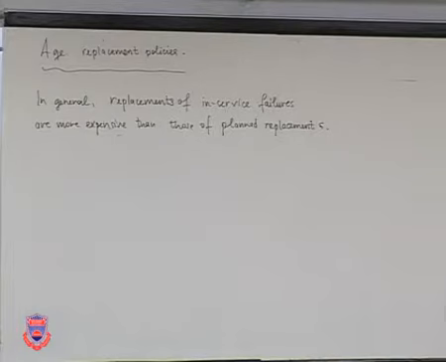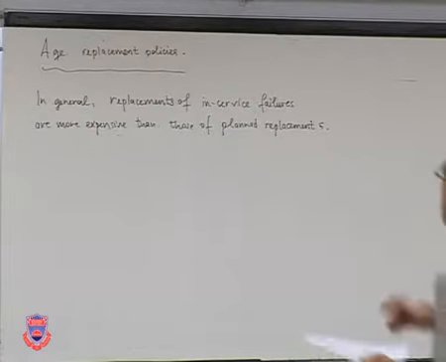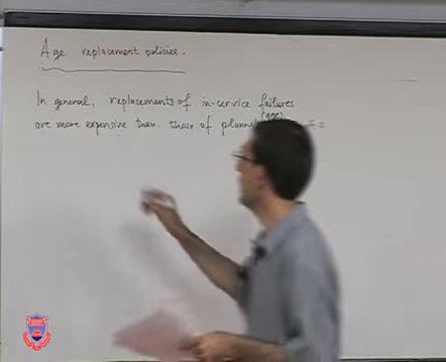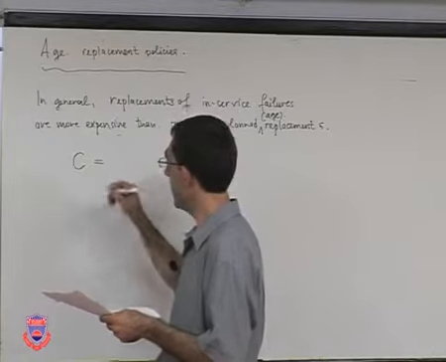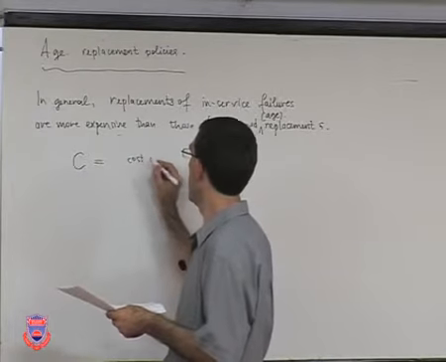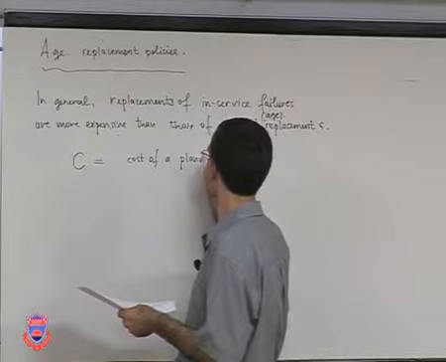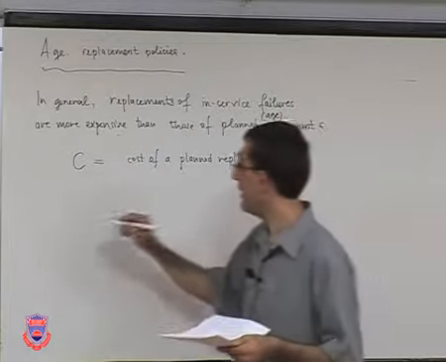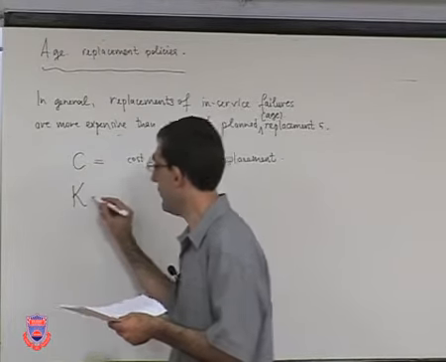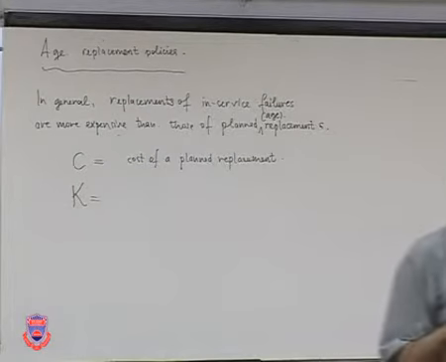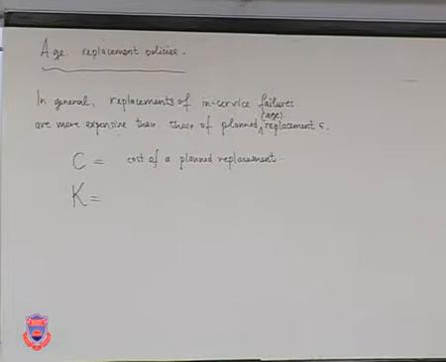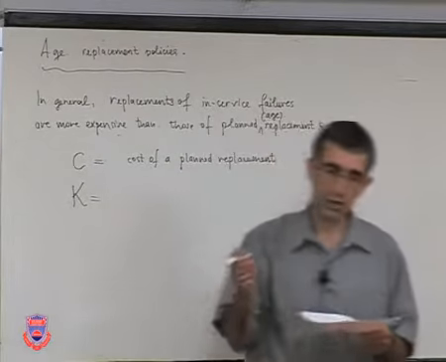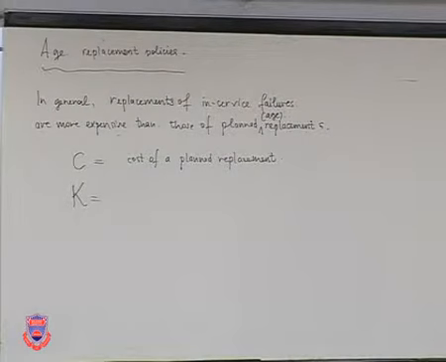All right. And in this case, by planned replacement, we of course mean the age replacement. That's what we are studying at the moment. For example, if you denote by C the cost of a planned replacement, you may then have to pay an additional K monetary units when an unplanned in-service failure happens, when you actually have to make an unplanned replacement.